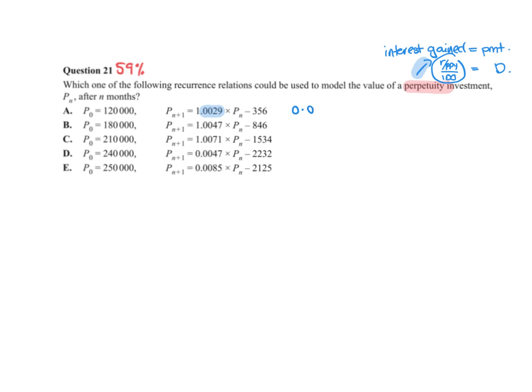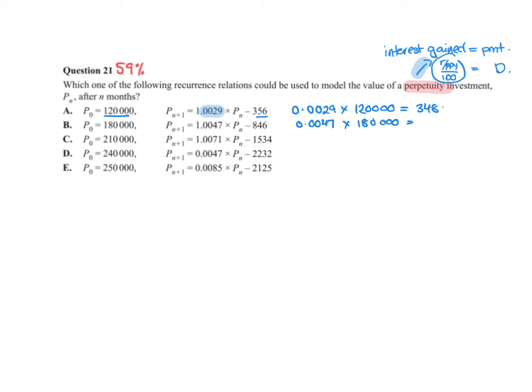So 0.0029, we're timesing it by the initial value, 120,000, and we see what that equals, and we get 348. So it doesn't equal that, so it's not that one. And then you do the next one at 0.0047 times the initial value, which is 180,000.